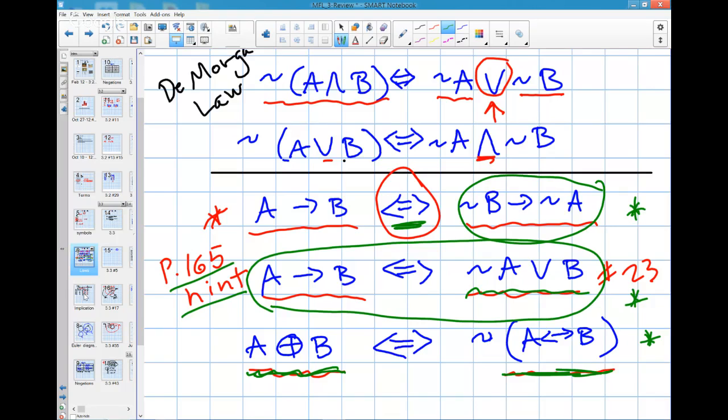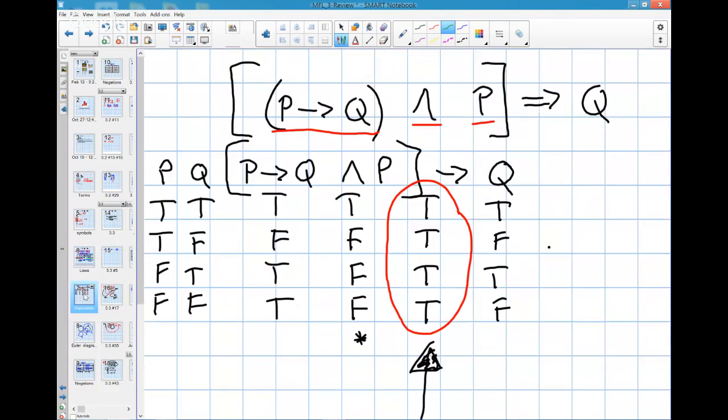Garrett, here's an example of the implication. So here was a problem, on the top, if P then Q and P. This is the problem that was given with an if then.